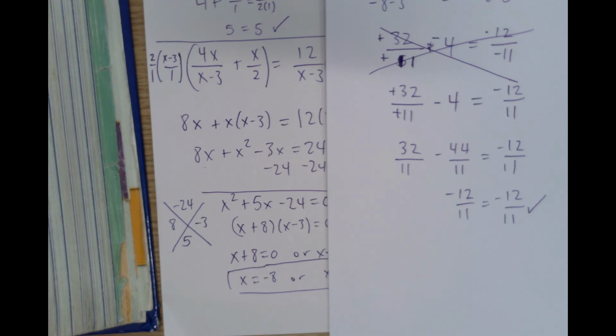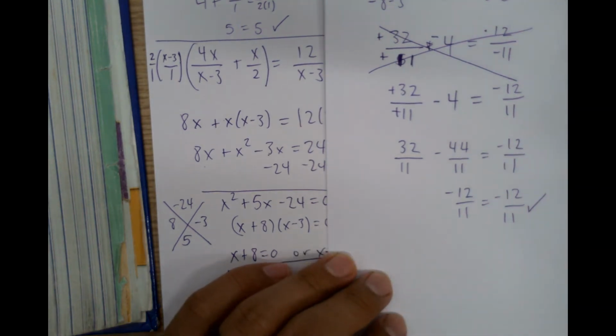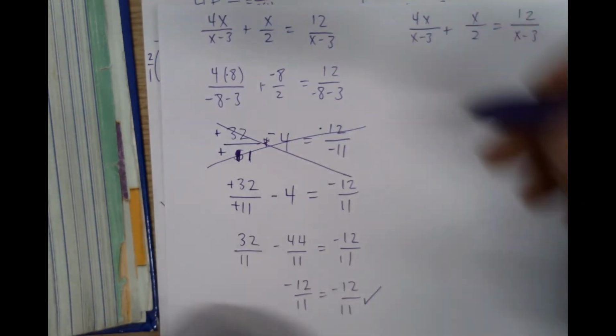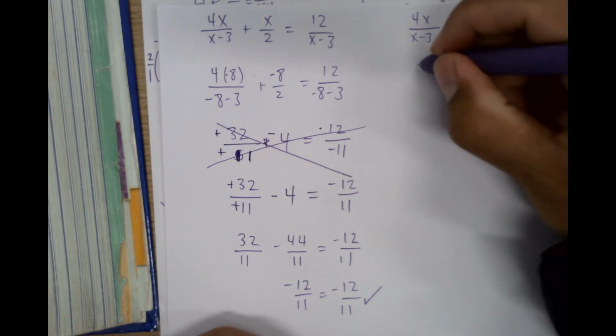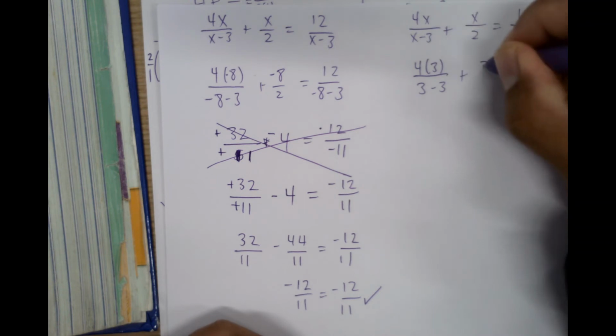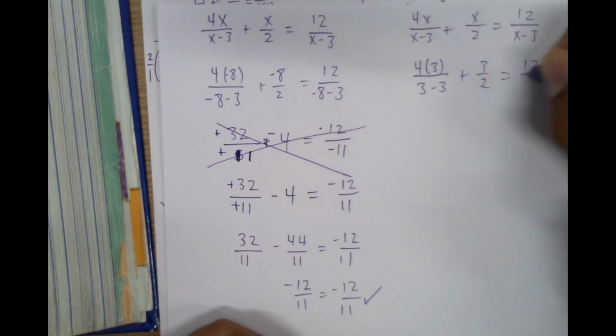Okay, so we also want to try our other solution, and we get 4x over x minus 3 plus x over 2 equals 12 over x minus 3. And I'm just going to plug in these numbers here, and you get 4 times 3 over 3 minus 3 plus 3 over 2 equals 12 over 3 minus 3.